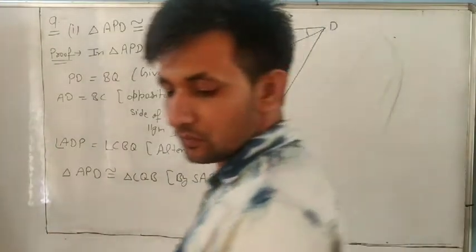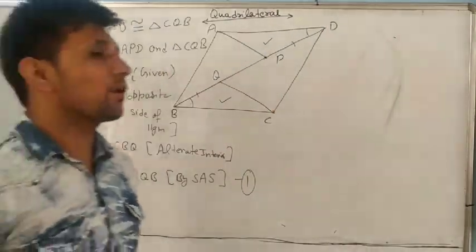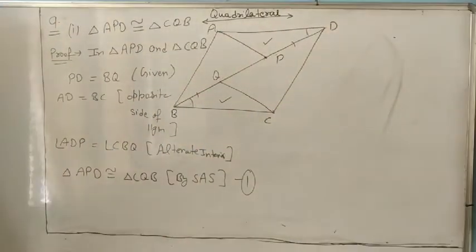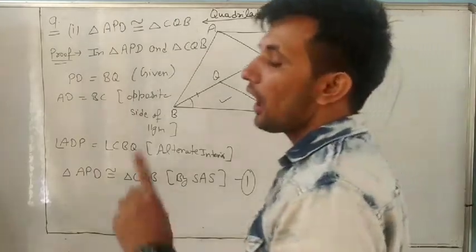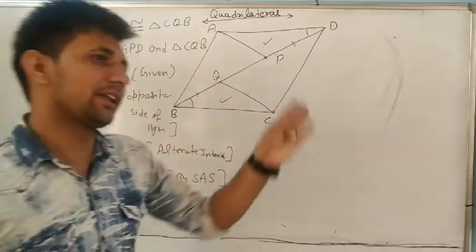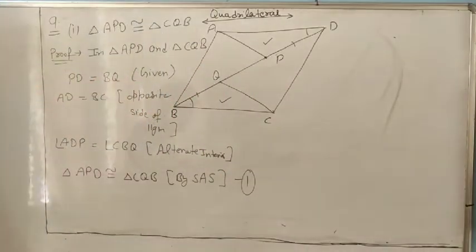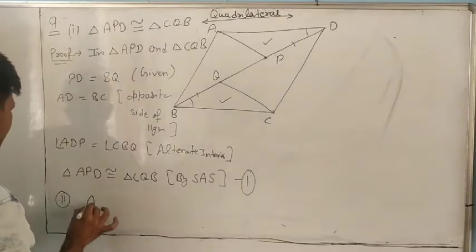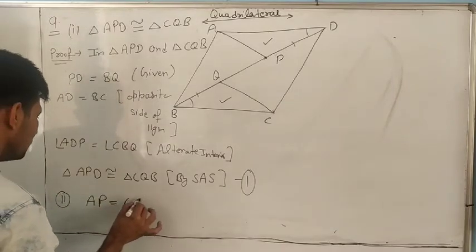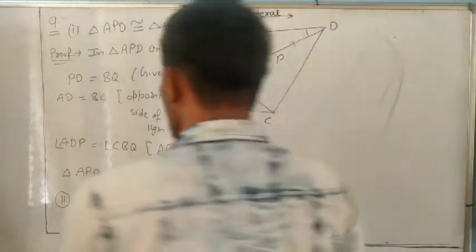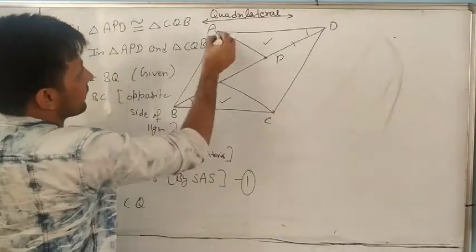One thing to always remember: whenever more than one part is given in a question, we always use the first part in the second, the second in the third, and the third in the fourth. So what is given in the second part? Prove that AP equal to CQ.